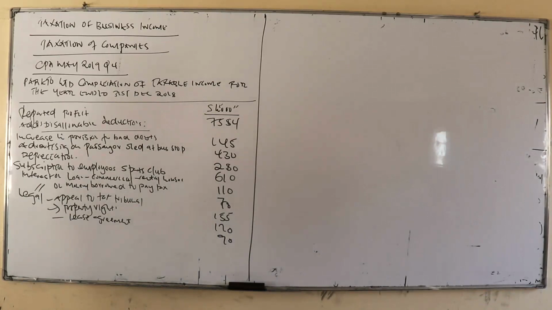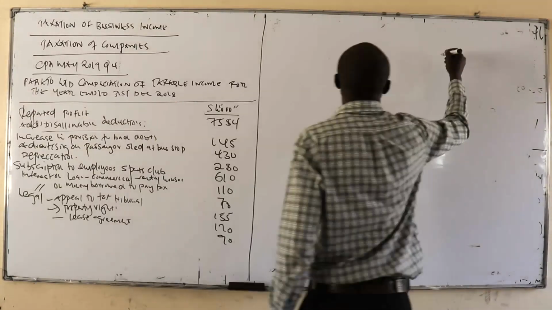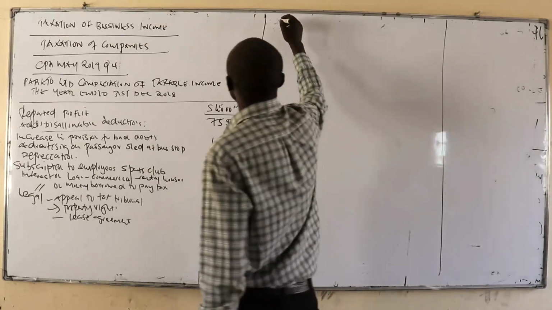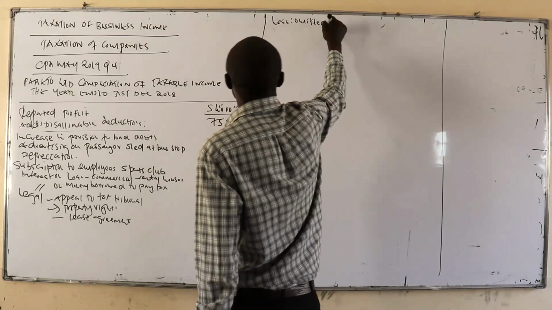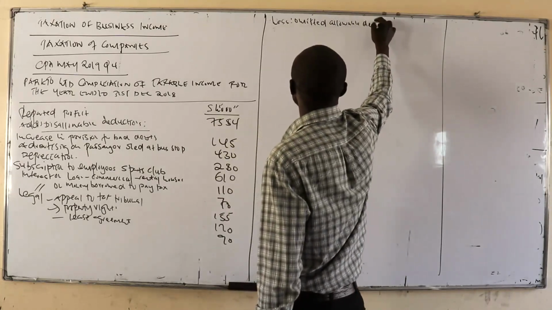So we are through the expenses. And now we come here: less omitted allowable deductions.